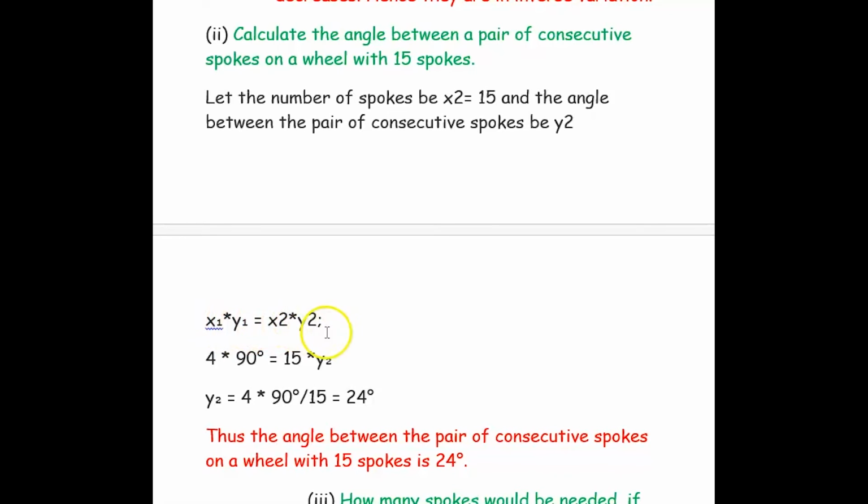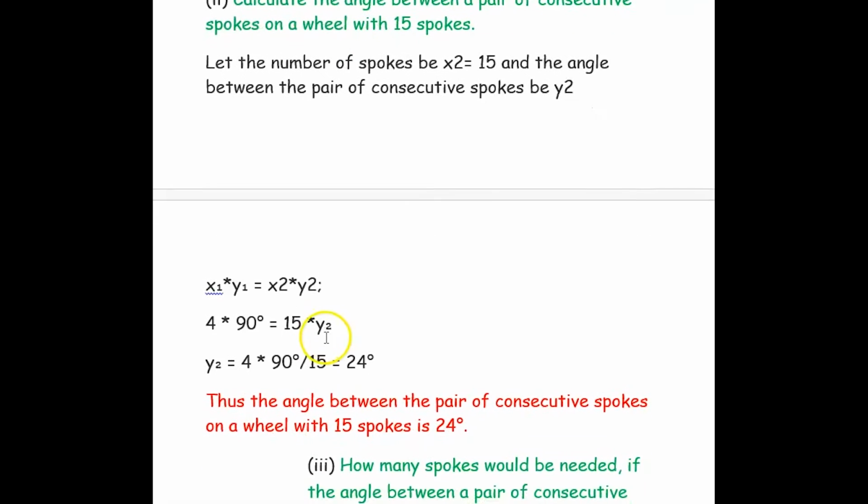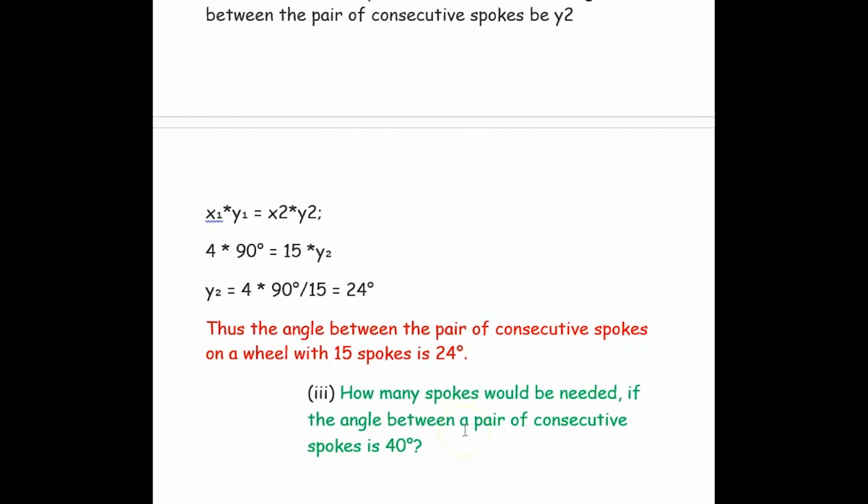This is the equation for inverse proportion. Substituting the values, 4 into 90 degrees equals 15 into y2, the angle we want to find out. On rearranging and simplifying, we get 24 degrees. So the angle between a pair of consecutive spokes on a wheel with 15 spokes is 24 degrees.